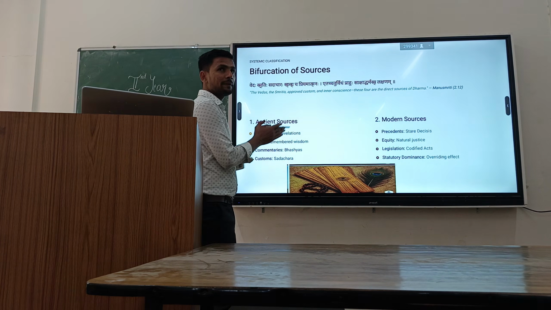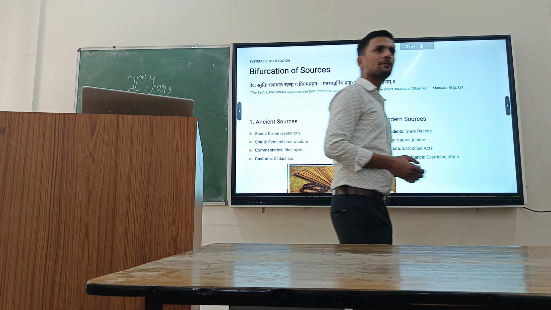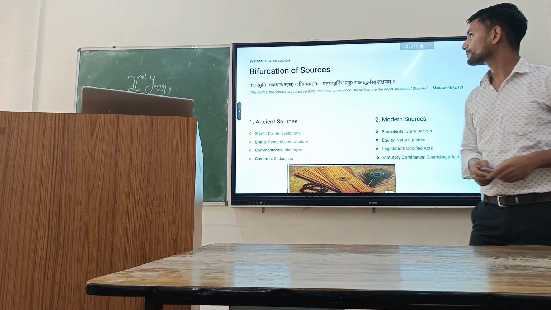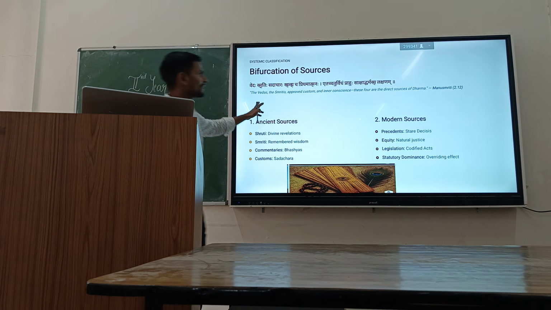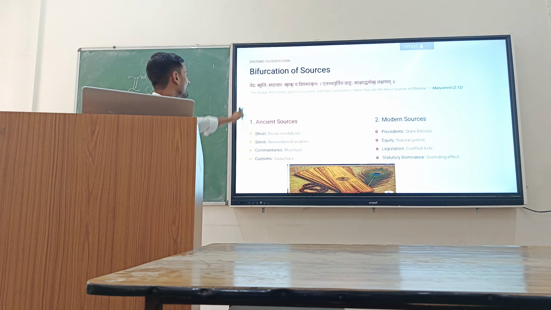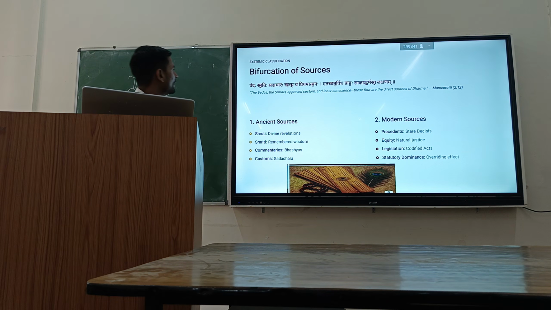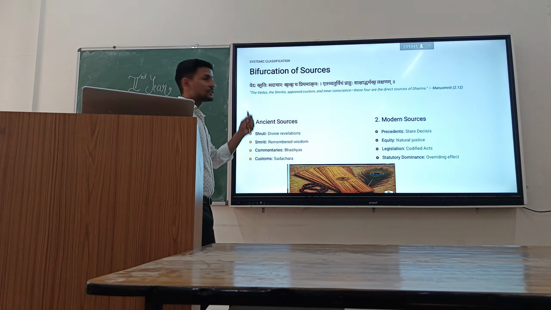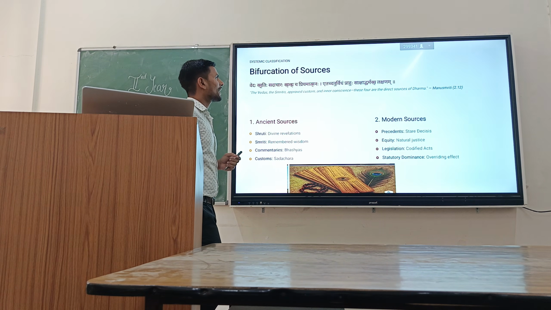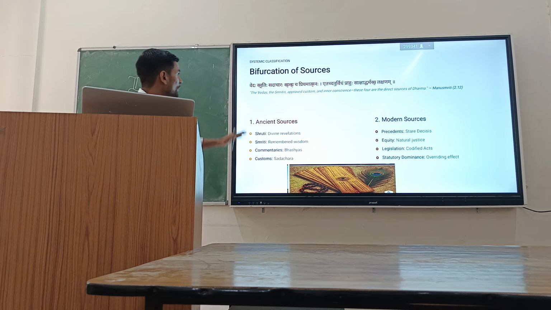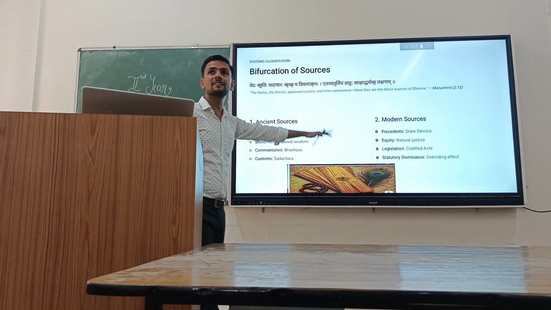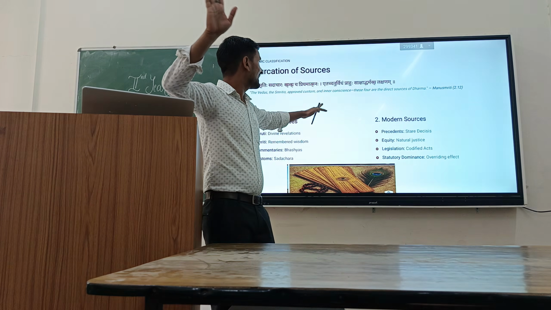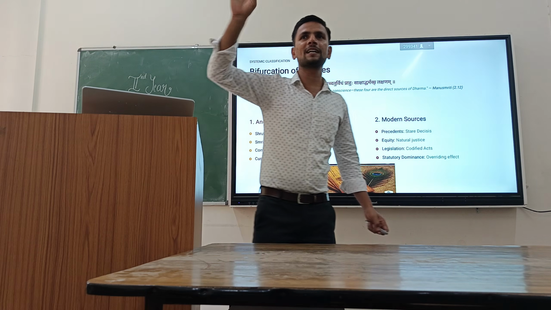So first we will bifurcate the different sources of our Hindu law. Before this, we are having one particular sloka: Veda Smriti Sadachara Swasya Ja Priyamatmanah, Etat Chaturvidham Prahu Sakshad Dharmasya Lakshanam. So these Vedas, Smritis, approved custom and one's own conscience are the four direct sources of Dharma.